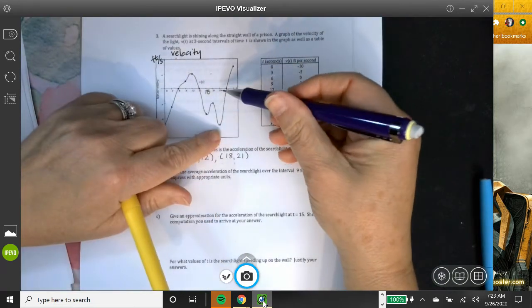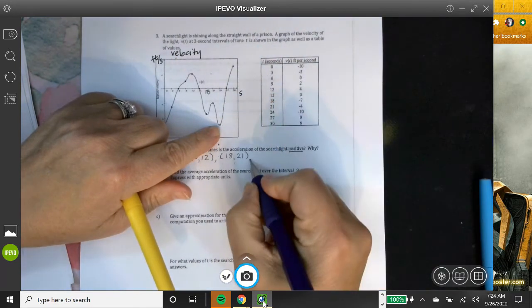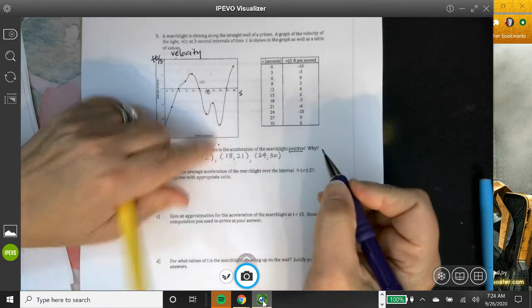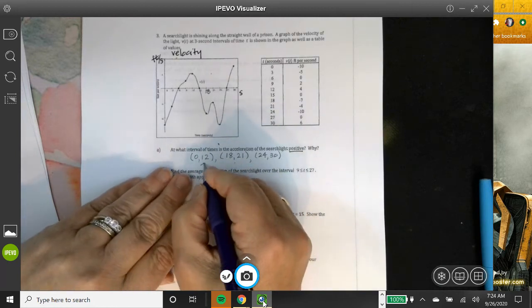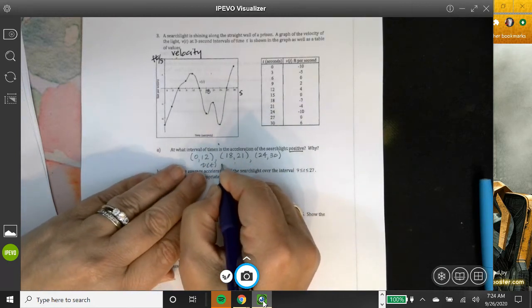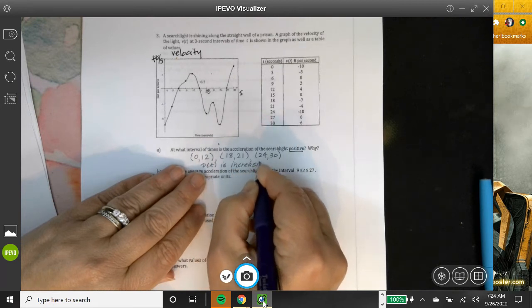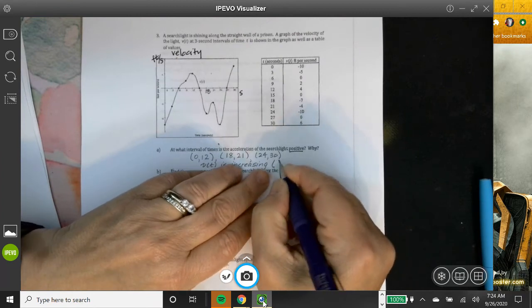All right, and then from, that looks like 24 to 30. Now, how do we know that? Well, first of all, we know that velocity is increasing. And we can say positive slopes.